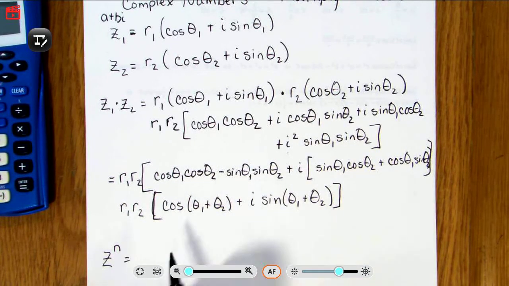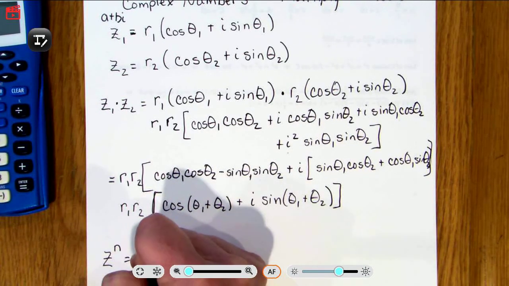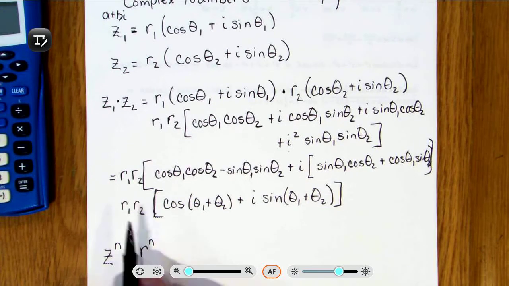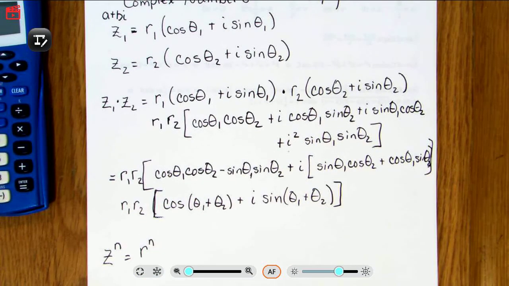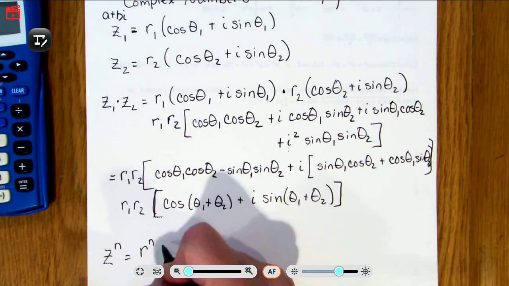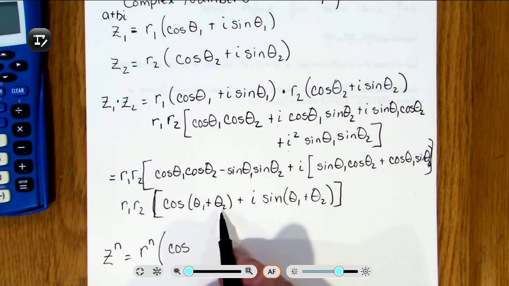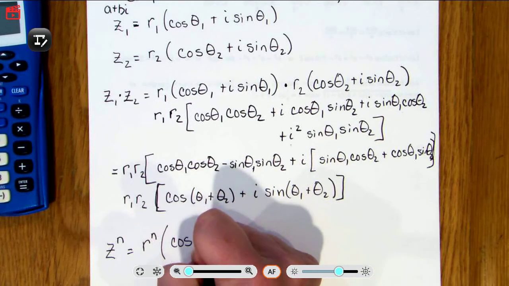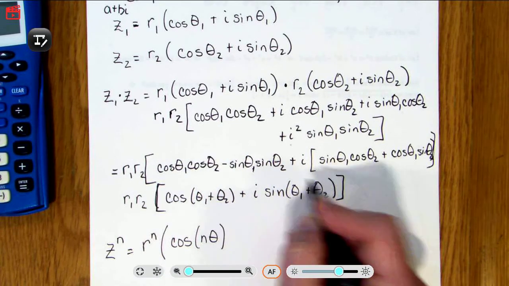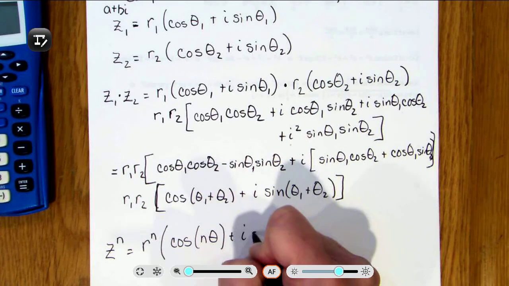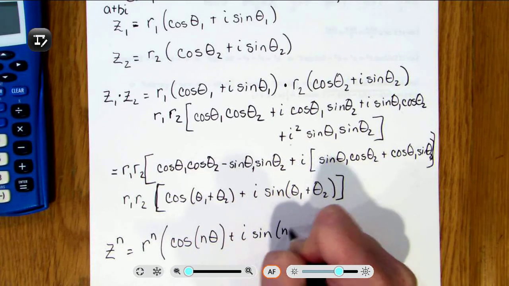What's going to happen is we're going to get that R to the nth power, because we'd have an R times R times R, however many times we were multiplying it together. And we would have the cosine of the same angle being added over and over again. And we would have plus I sine of n theta.